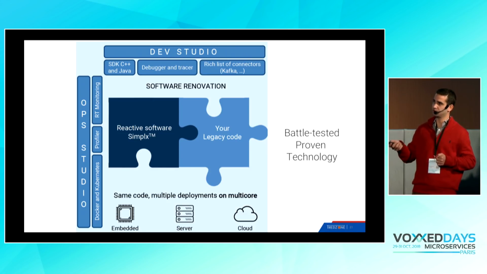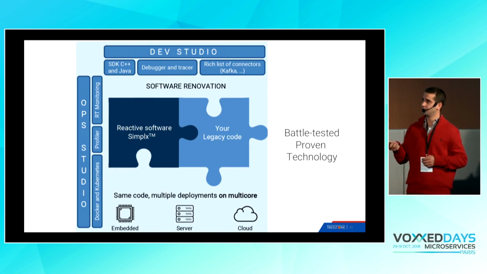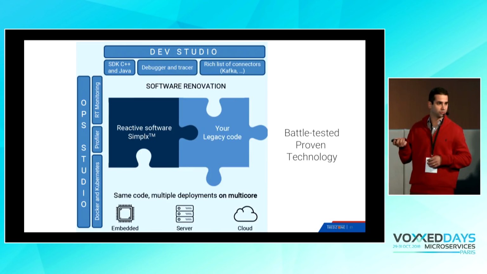So we have profilers, we have real-time monitoring, and we can integrate with Docker and Kubernetes. And once we develop the software with Simplex, we can deploy it on any multi-core architecture. We just have to choose the right Simplex. So we can run it on embedded, server and cloud.